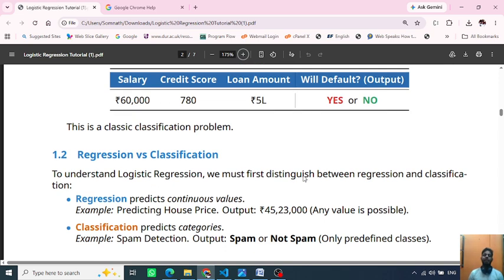Let's have a look at regression versus classification. To understand logistic regression, we first distinguish between regression and classification. Regression predicts continuous values. For example, house price prediction, where the output could be 45K, around 5K, or any value.